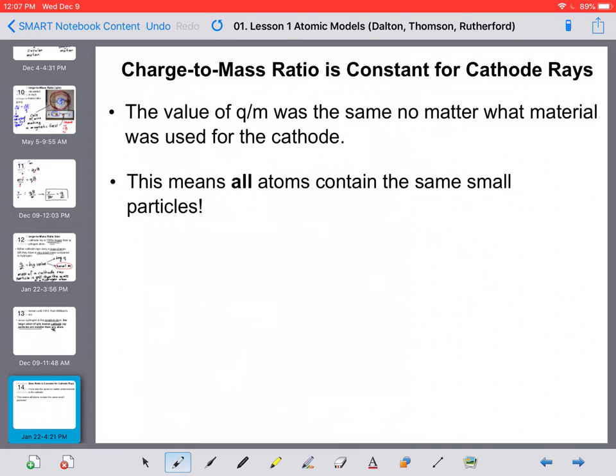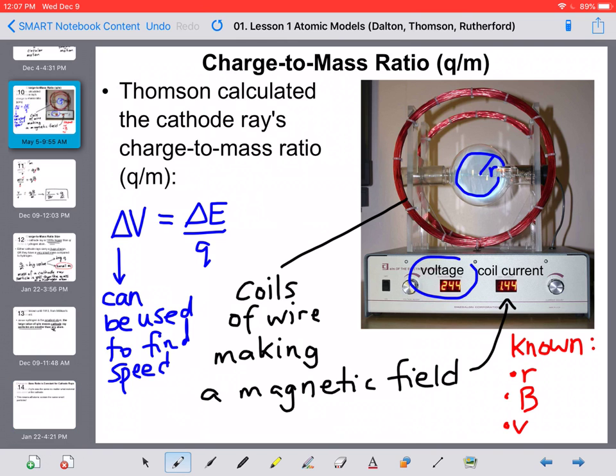Okay, a little bit more evidence that we have to look at. Thomson repeated this experiment over and over again. So if we go back up to here, you can't really see it in the picture, but there's a piece of cathode metal somewhere in this apparatus, and you can change out that cathode to be a different type of metal. So when you first do the experiment, you could make your cathode out of silver. And then you could repeat the experiment, and this time you could use a cathode made out of gold.